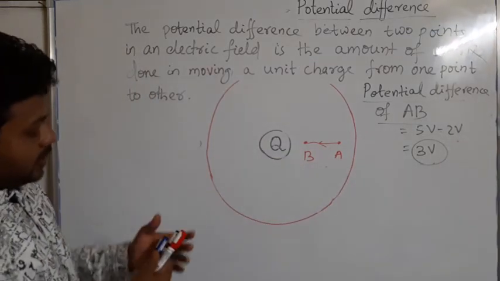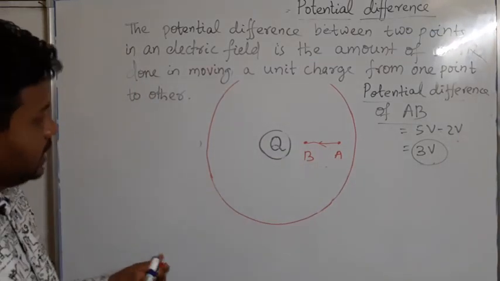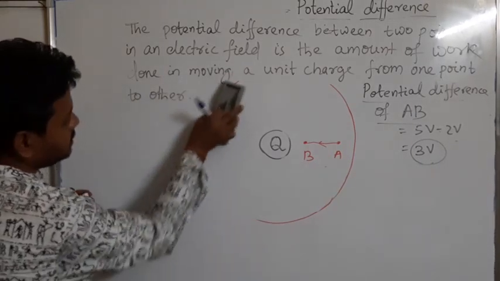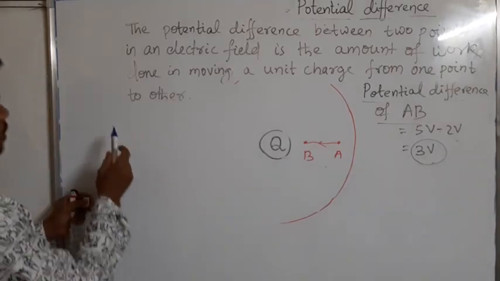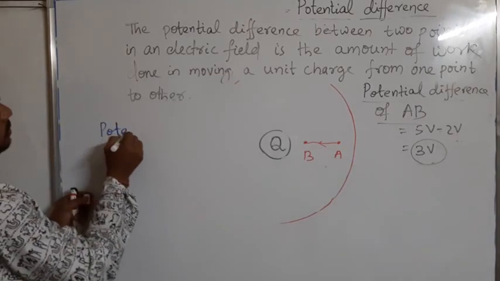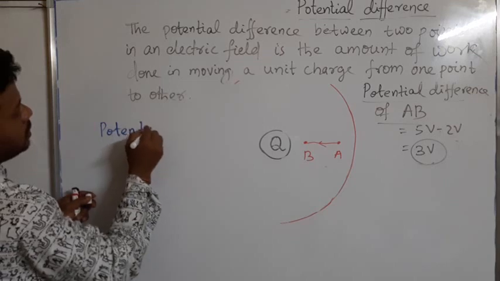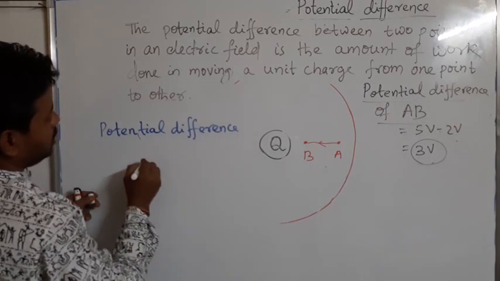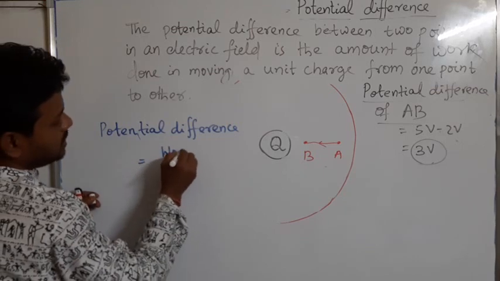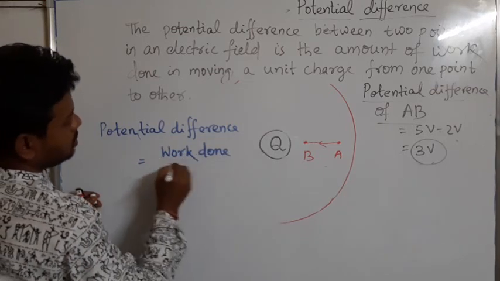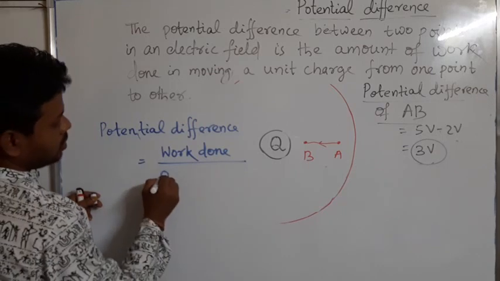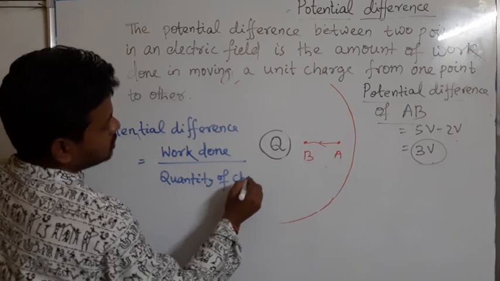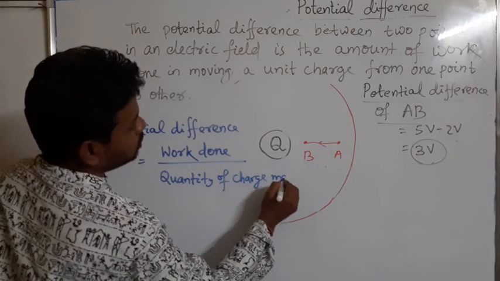So if you write mathematically, I can write in this way that potential difference equals work done divided by quantity of charge moved.